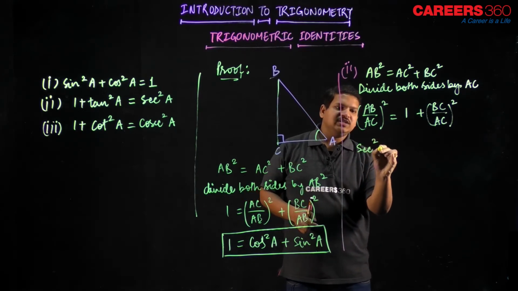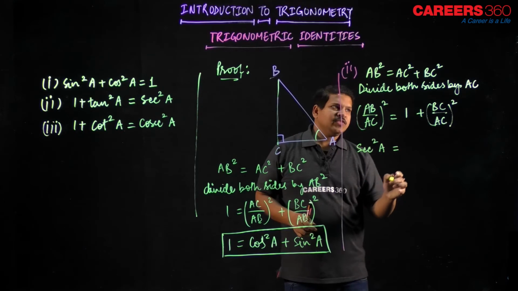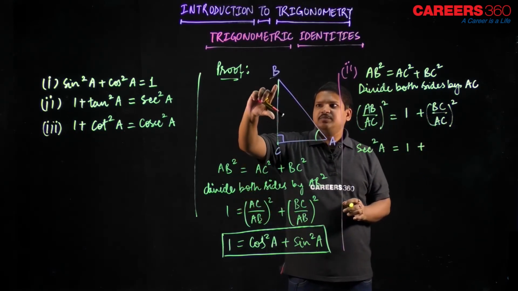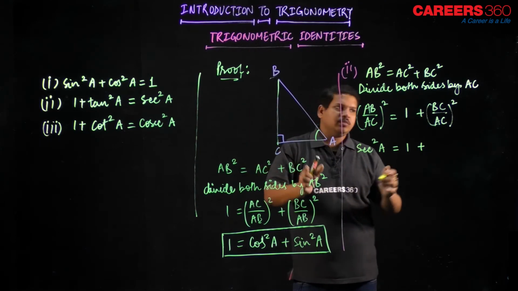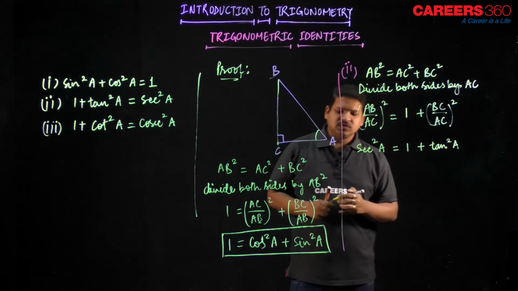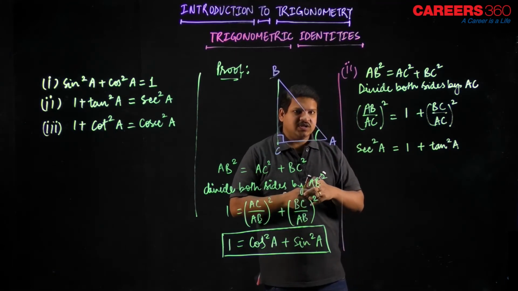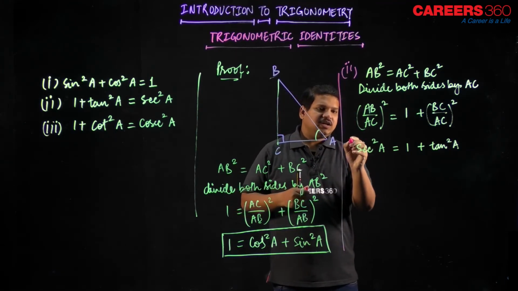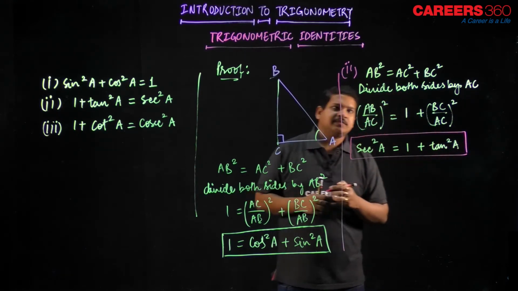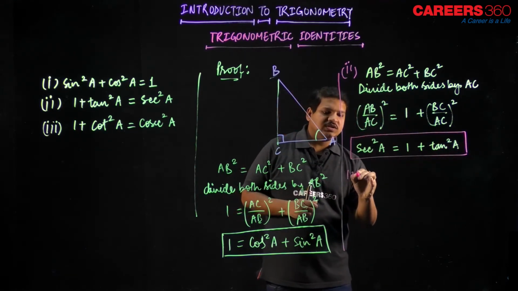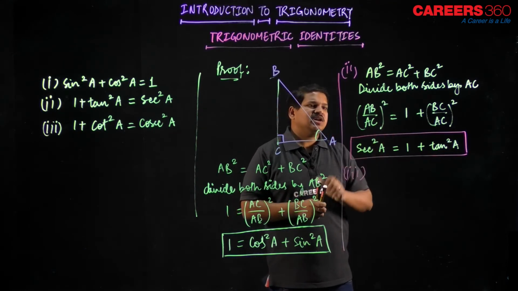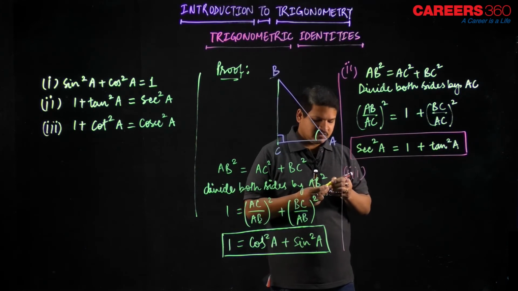So this will be my sec square A is equals to 1 plus BC upon AC, that is perpendicular upon base, that is nothing but tan square A. So this is my second identity.